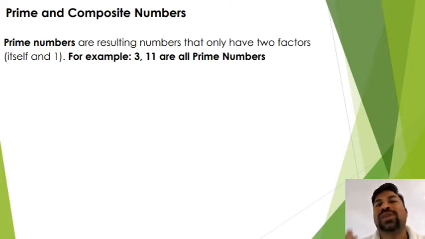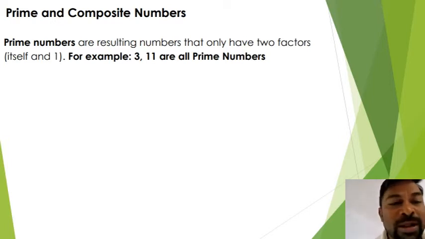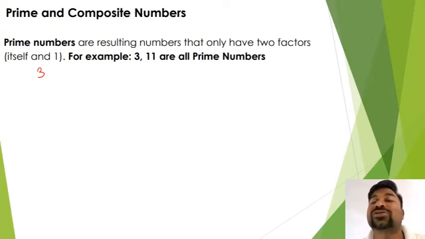So let's prove why we are calling those numbers 3 and 11 prime, and why we should or should not call them prime. Let us take the number 3. What are the factors of 3? What is the meaning of factors?